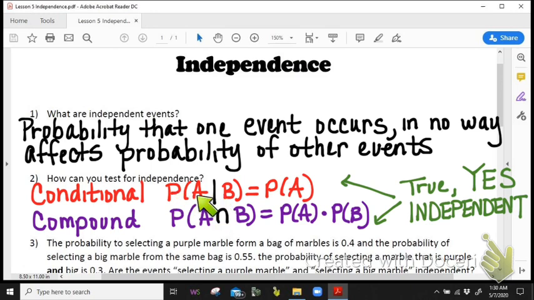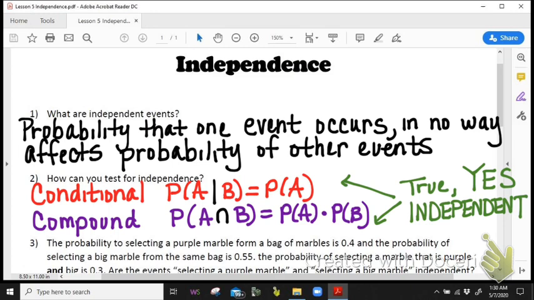So if the probability of A given B is equal to the probability of A, then yes, they're independent events. So applying the condition B had no effect on the probability of A. That's one way we can test for independence.